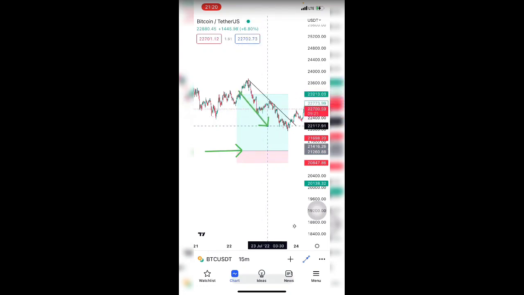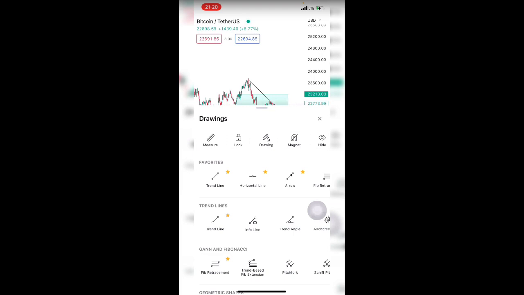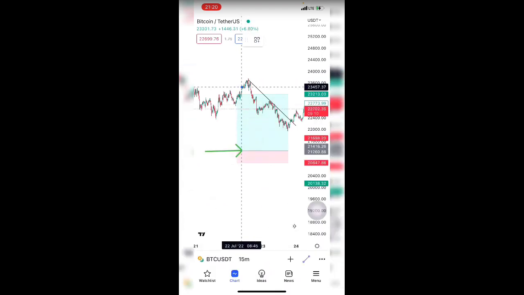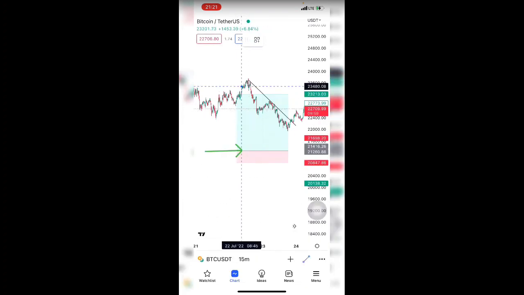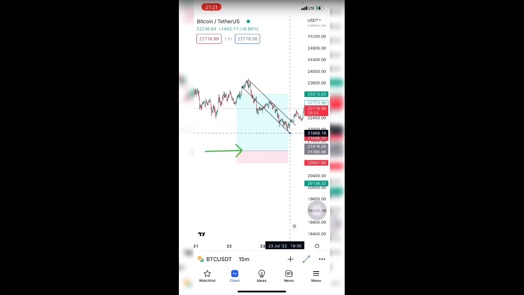Look at it now. I might consider this channel like this. When the market got here, can we see?